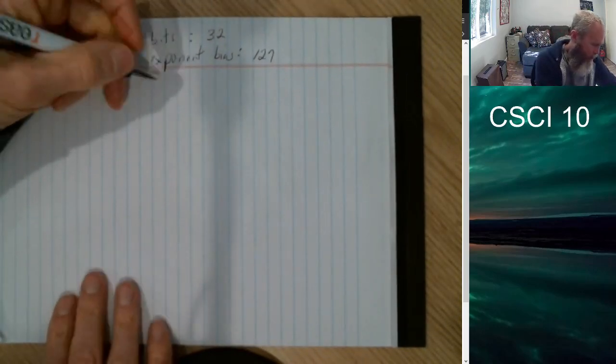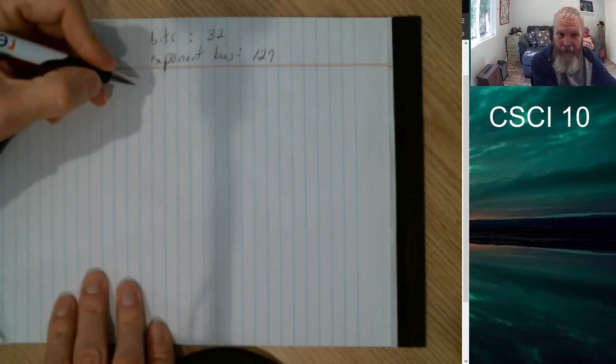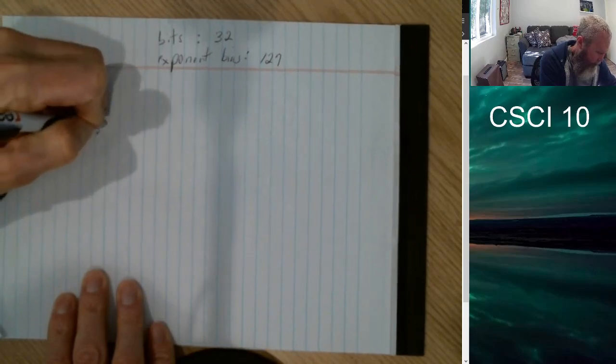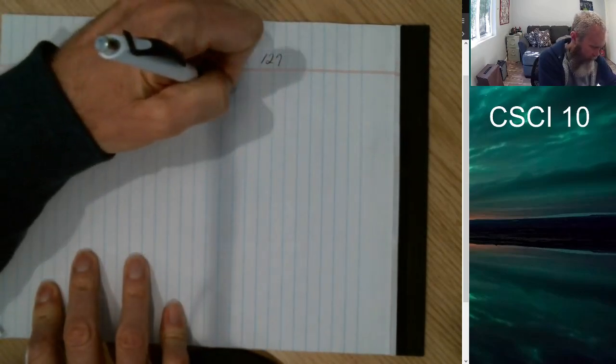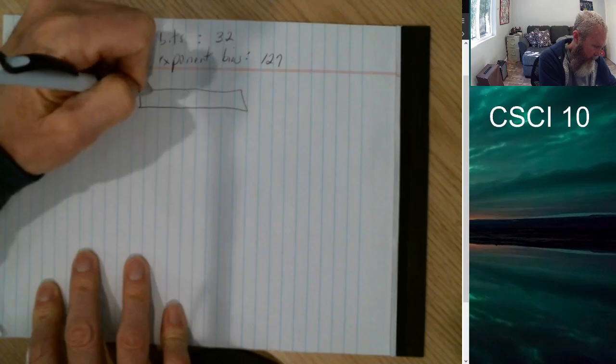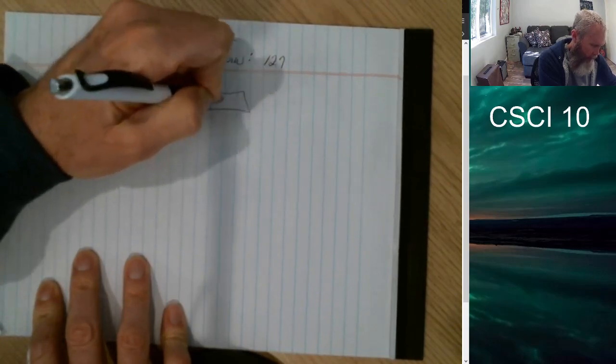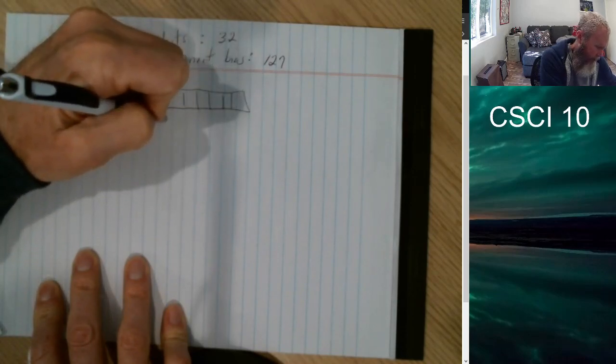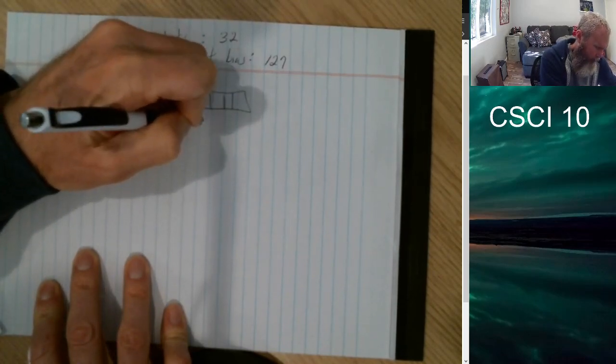I need to know the bit structure. So I have 1 bit of sign. I have 8 bits of exponent.